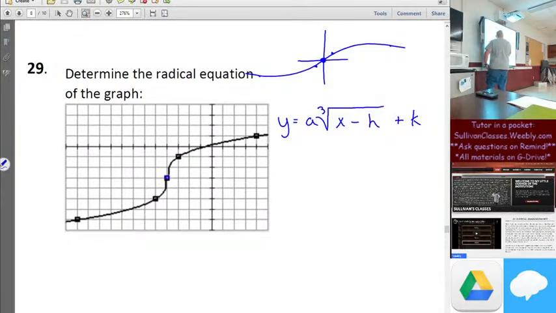So this is the inflection point in the middle. It is currently 1, 2, 3, 4 back, and 1, 2, 3 down. What does that tell me about my equation? H and K. Yep. We've got y is cube root of x plus 4 minus 3.